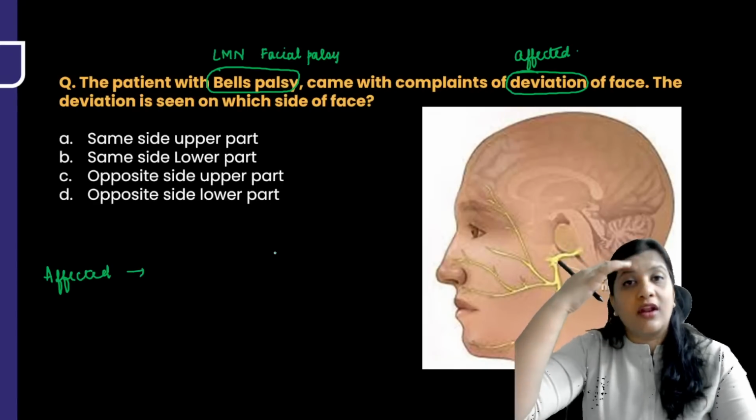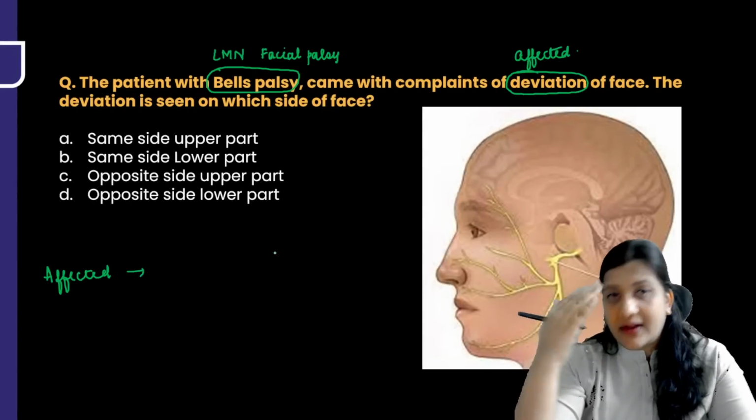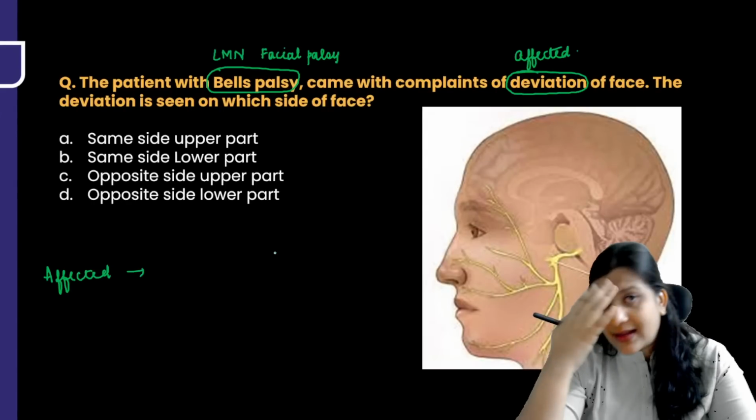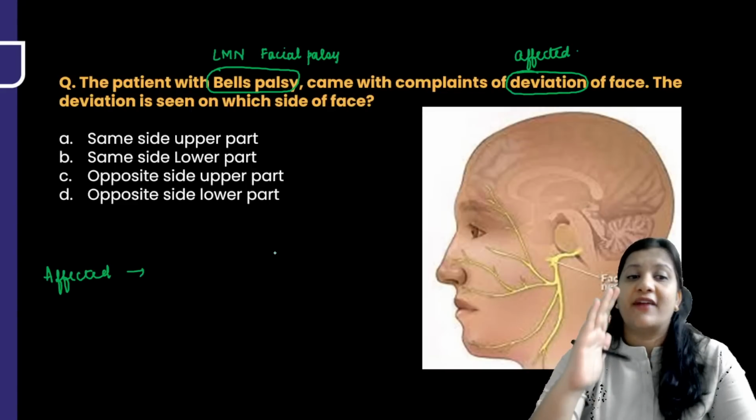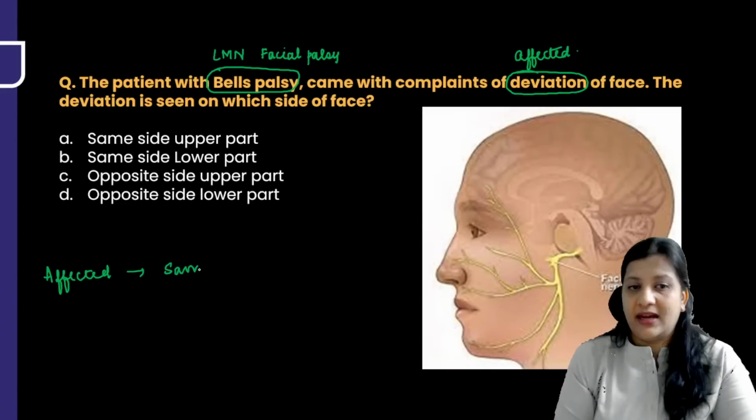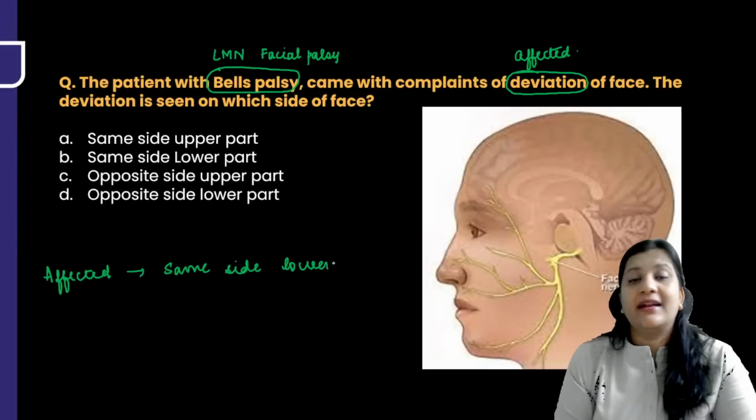We know the forehead is getting bilateral innervation, so it is forehead sparing. So LMN type of facial palsy in Bell's palsy affects the ipsilateral side, so the same side, lower half. But the deviation will not be towards the same side.